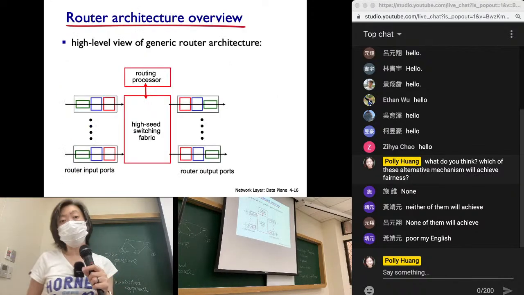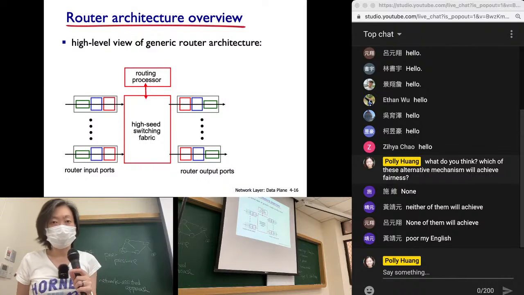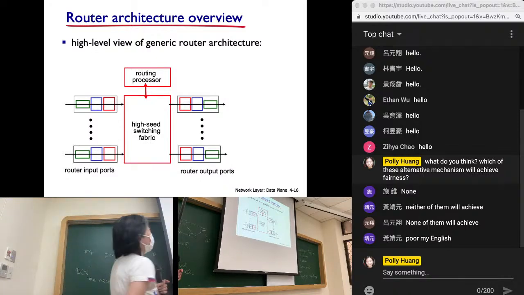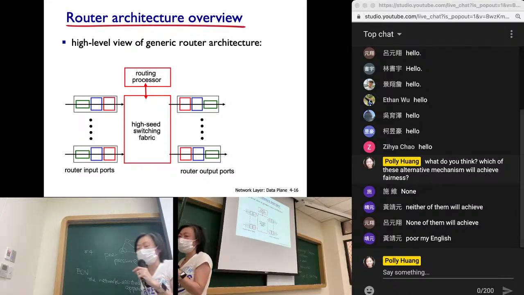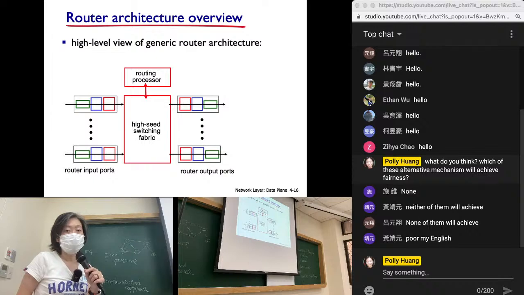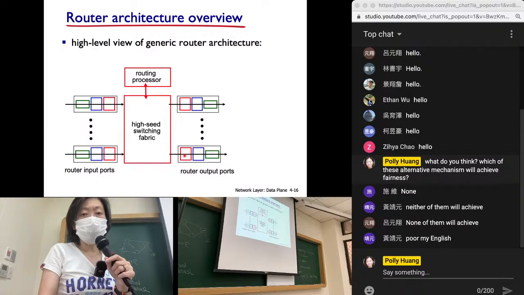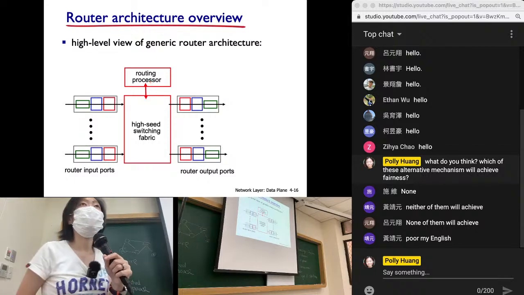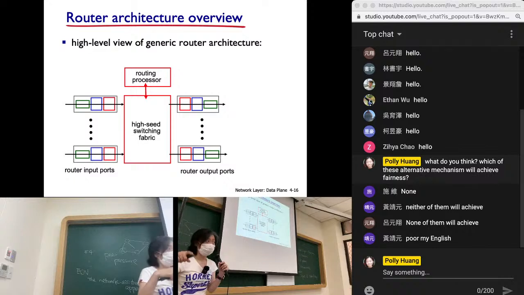What does the router look like? This is then a lot more interesting. This is the overall building blocks of the components in a router. First you see this thing at the top, the routing processor. That is the box running the routing algorithm.